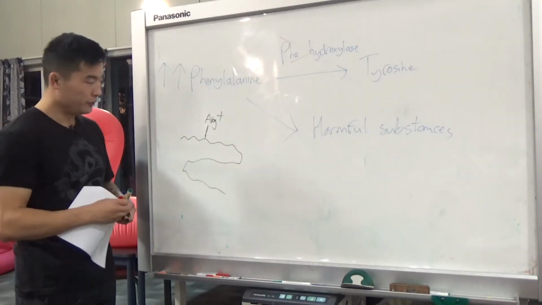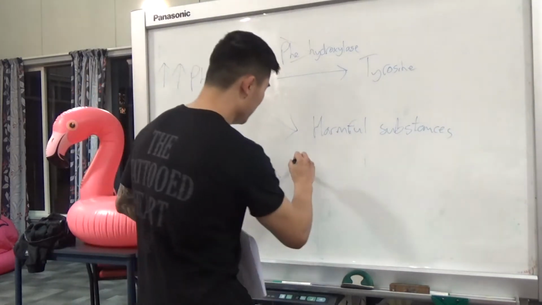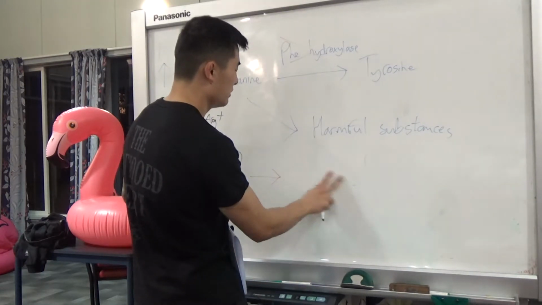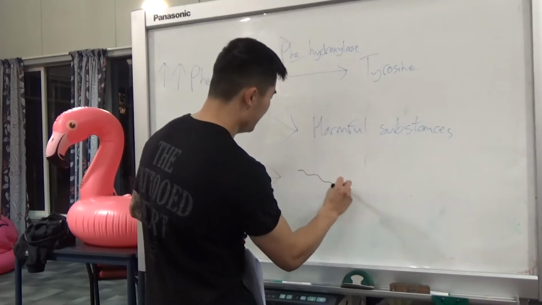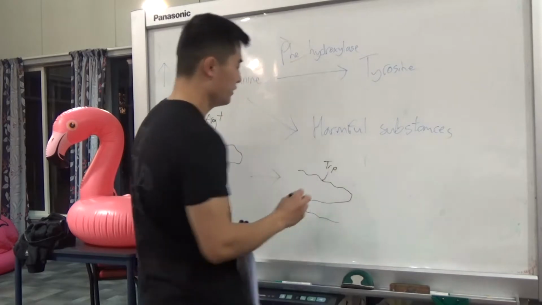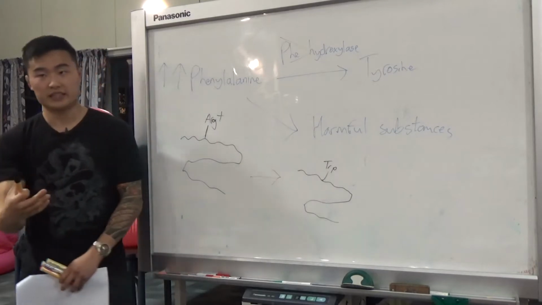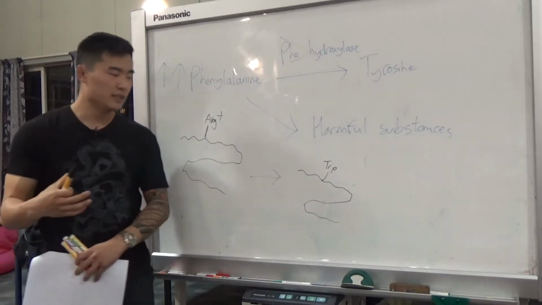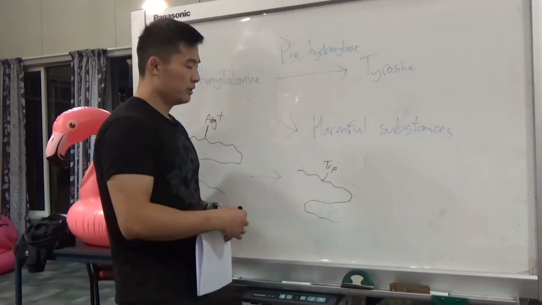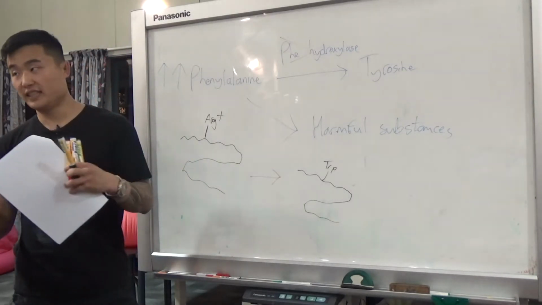But now this is the mutated protein. If you change that side chain to a non-polar tryptophan, this is non-polar, so it doesn't like to be exposed to the aqueous environment. And so it's going to result in the shape of the protein changing.